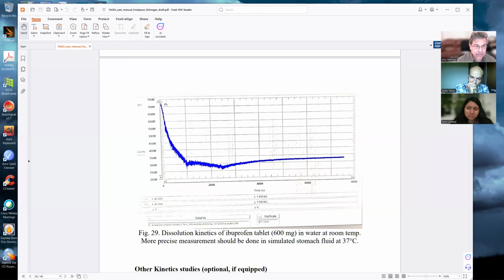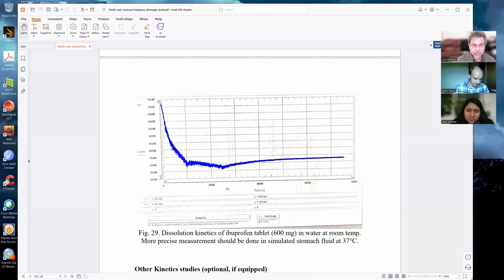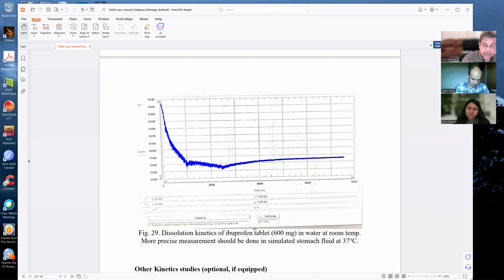In this case, you see the complete dissolution took about 2,500 seconds or something like that. So it can be faster, it can be slower, but we can quantify that from this measurement. That's the whole point. More sophisticated experiments can be designed, but this is just a simple way of showing that kinetics can be tracked.